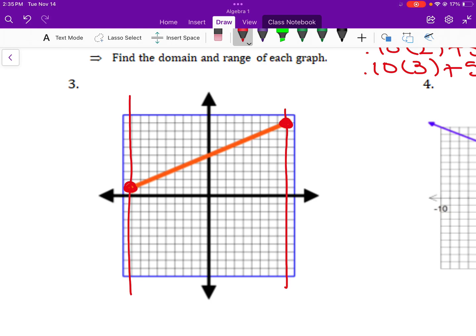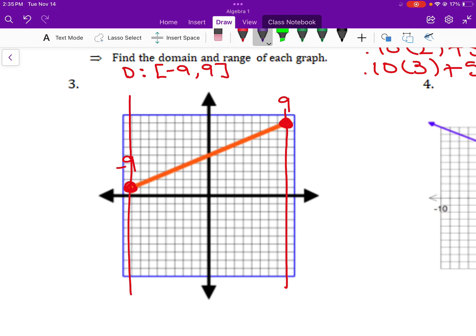On the left, let's see, it's 1, 2, 3, 4, 5, 6, 7, 8, 9. That's going all the way to -9. And on the right, it's going all the way to +9. So my domain, expressed as a list, right? Or we'll say an interval, is going from -9 to +9. So it's including all of those values in between.